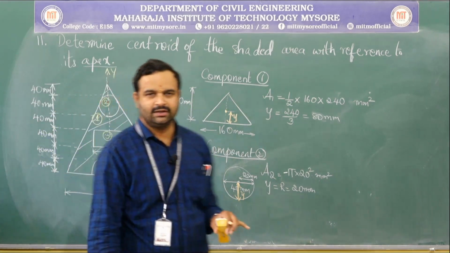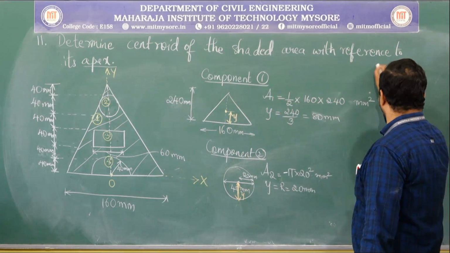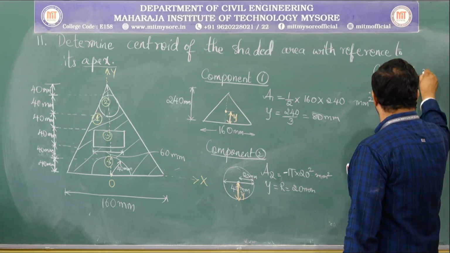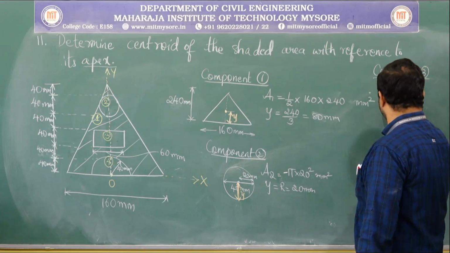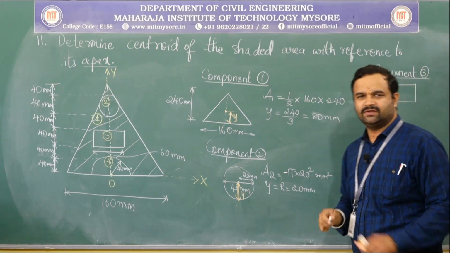Similarly, we shall write component 3 and component 4. Component 3 is nothing but a rectangle. So, where is the center of the rectangle located?